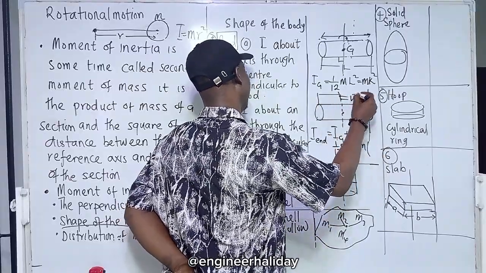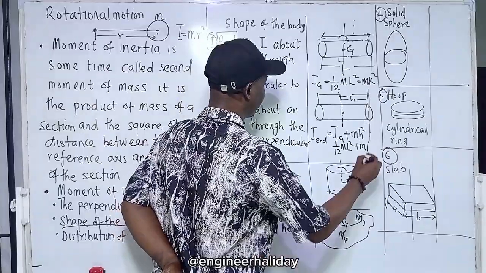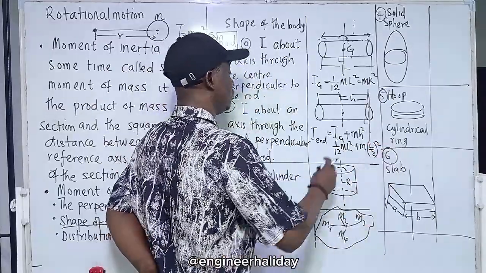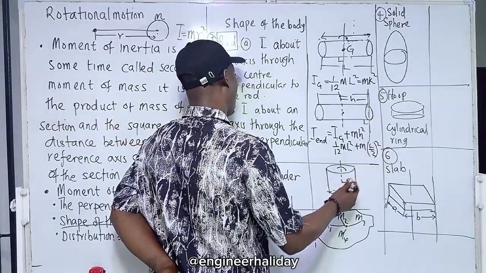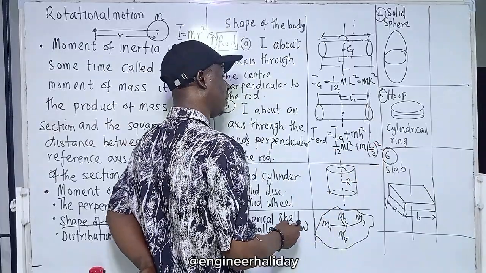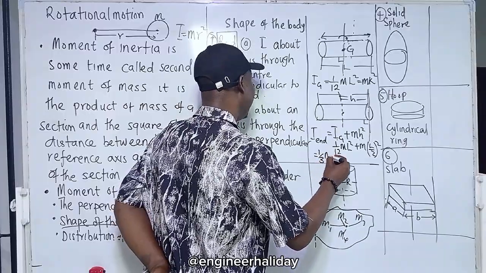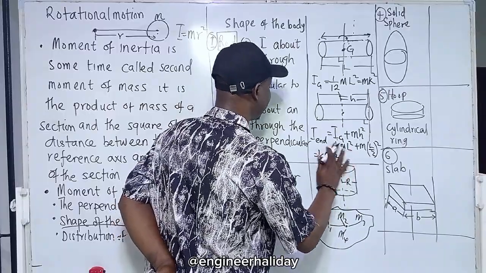If everything is L, your half length will be L over 2 all square. If you add them together, you would have ml square over 4 plus ml square over 12. We are going to have 1 over 3 ml square.